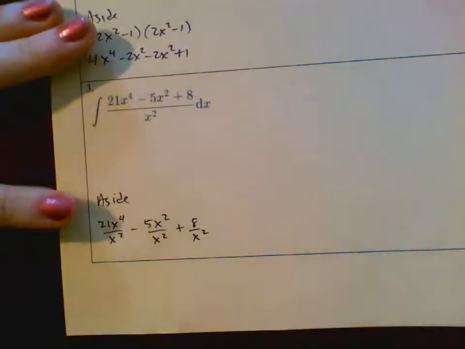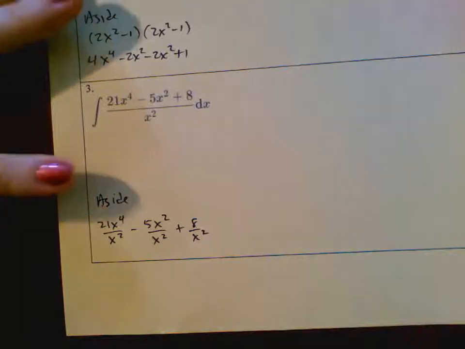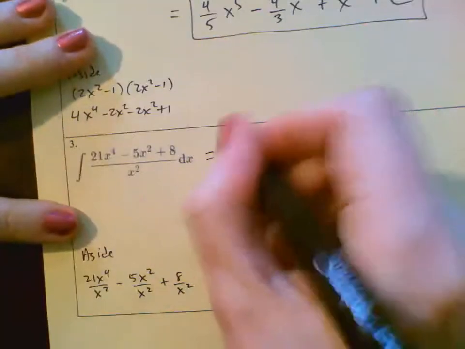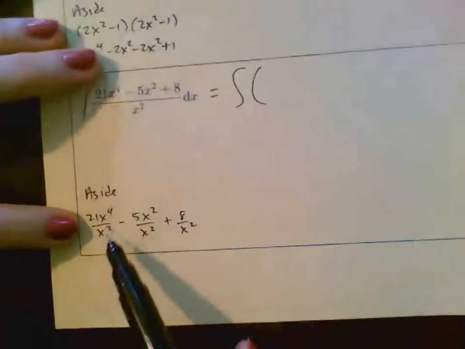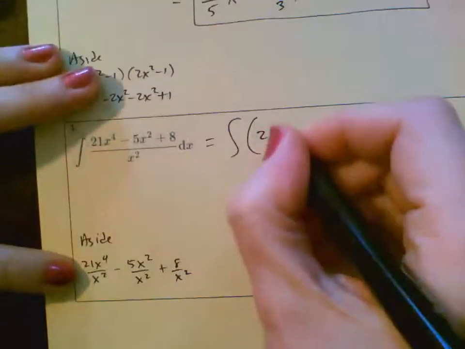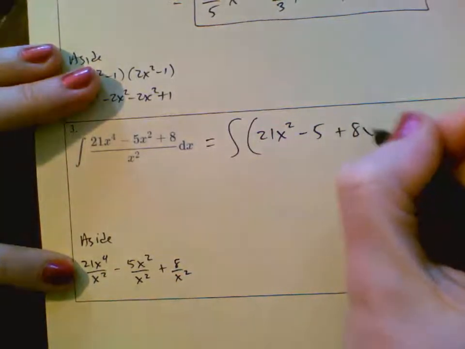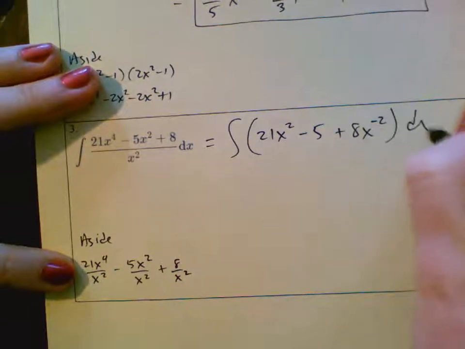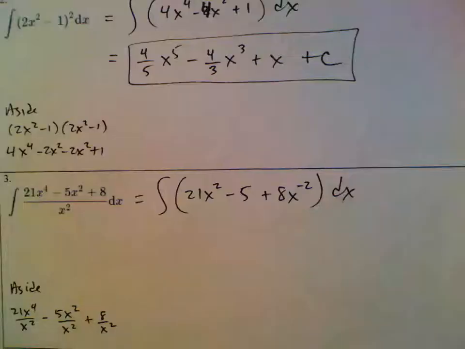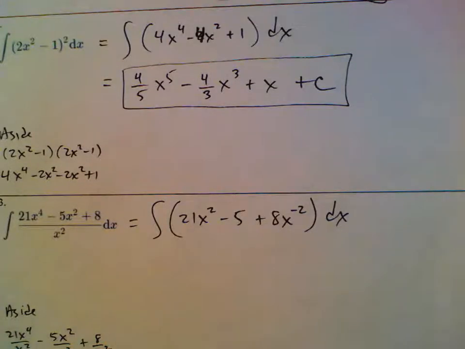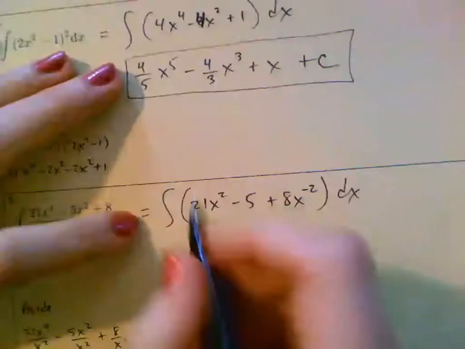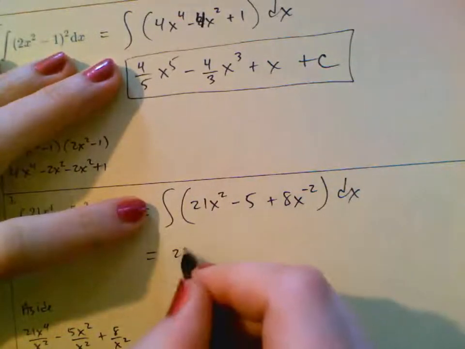And what this ends up being, and I'm going to simplify, is 21x to the second minus 5 plus 8x to the negative 2. We have to have each part in the form so we can use the power rule for antiderivatives.